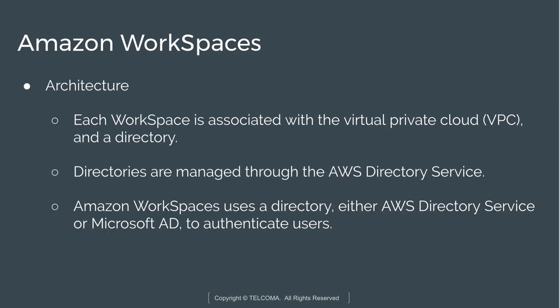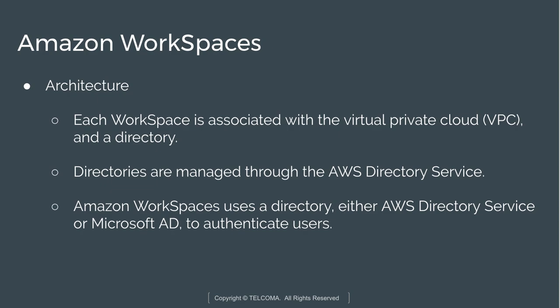If we talk about the architecture of WorkSpaces, each WorkSpace is associated with a virtual private cloud and a directory. How can we manage the various directories? We can manage them with the help of AWS Directory Service. Amazon WorkSpaces uses a directory, which we call AWS Directory Service, or we can use Microsoft Active Directory to authenticate users.